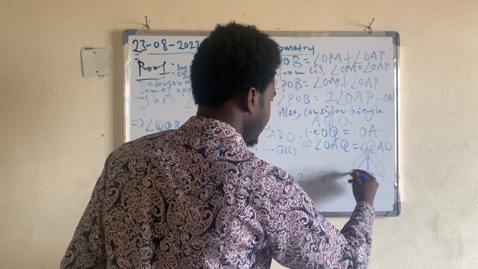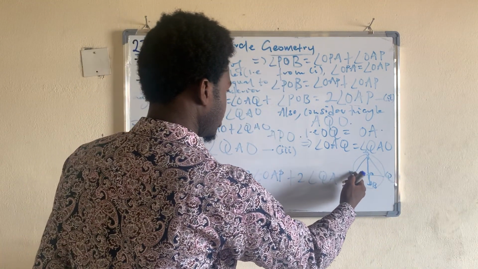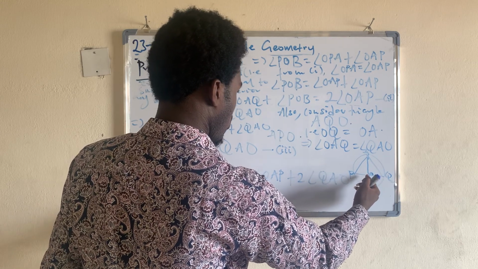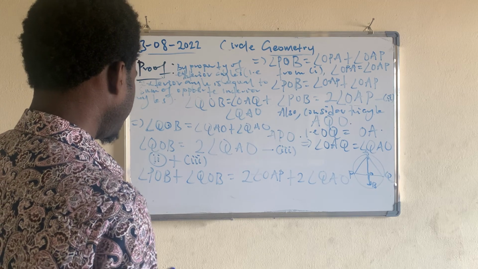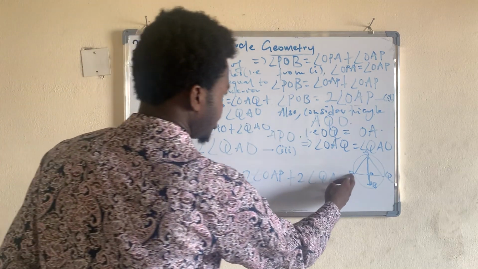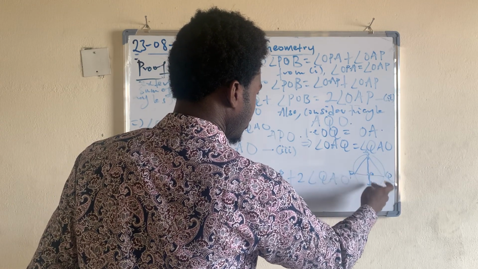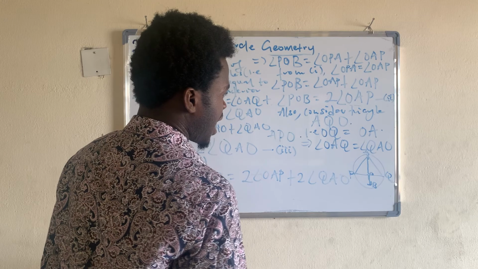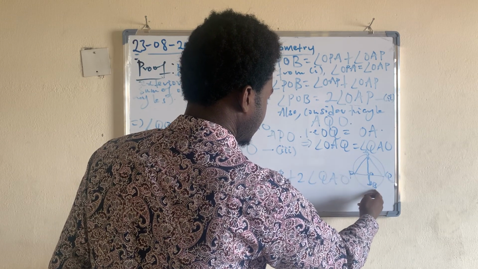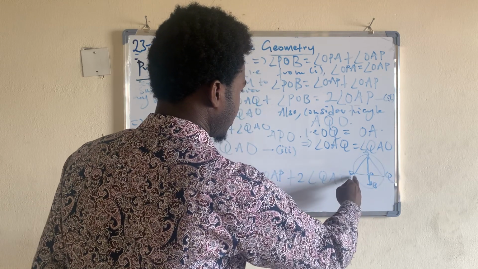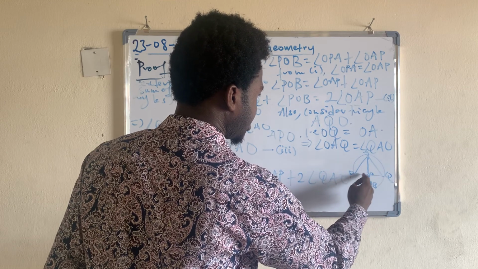This is A, P, and Q. So POB plus QOB makes up our angle here in total. So it makes up our POQ. This plus this makes POQ.